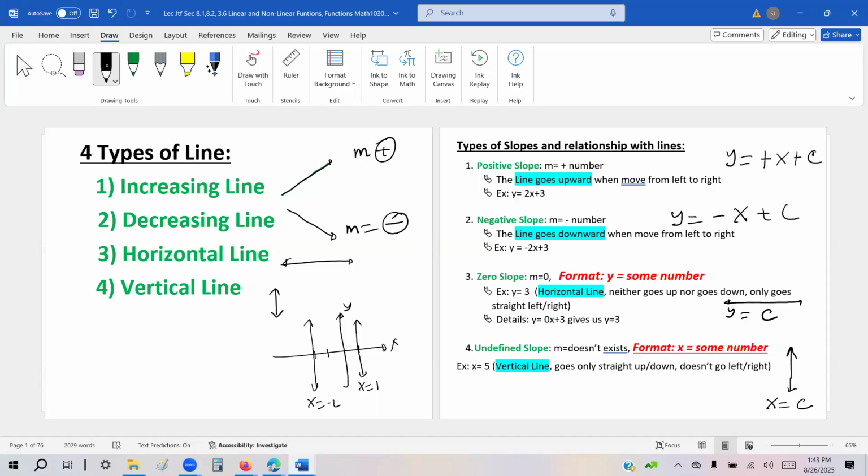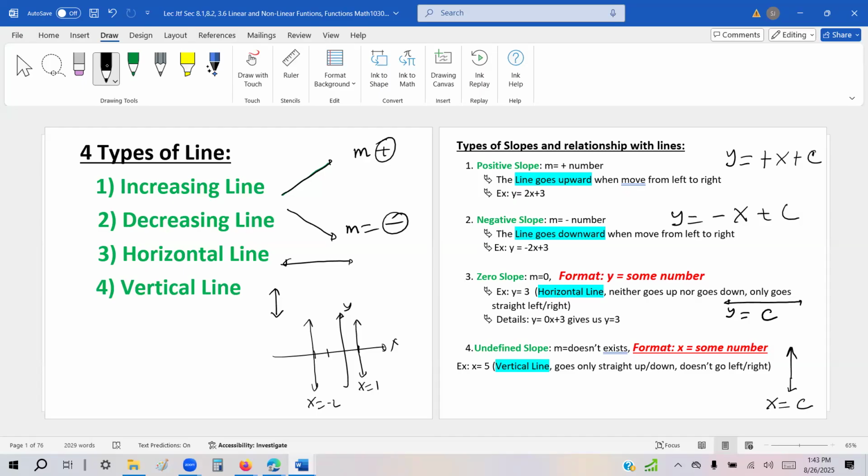A horizontal line has 0 slope, but what's the slope of a vertical line? I just told you, right? In order to have a slope, you have to walk from left to the right. So are you walking left to the right in a vertical line? So what's the slope? 0 is a number. No slope. Undefined. It doesn't exist. Undefined means doesn't exist.